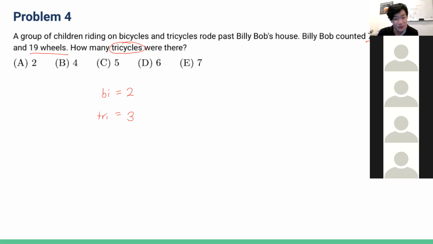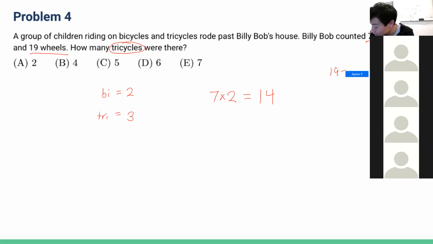So again, there's 2 ways to do this. I'll go over both of them actually. The first way I would do is actually see how many wheels there would be if all the children rode on bicycles. So let's pretend that all 7 children rode on bicycles. So that's 2 times 7. That would be 14 wheels in total. Now, how many are we missing?